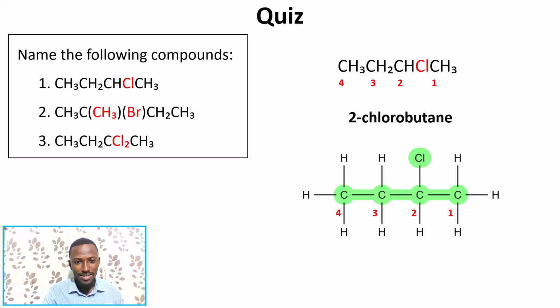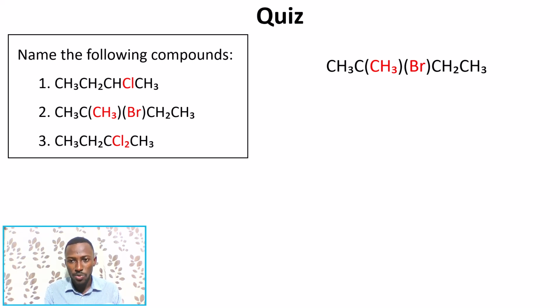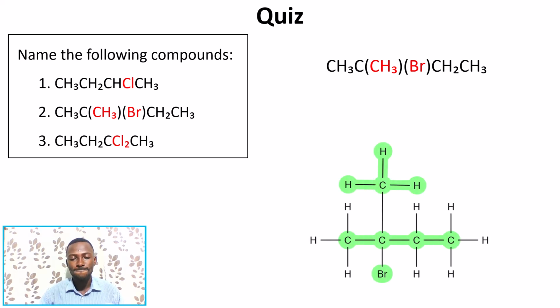That clear for us? Question number 2. Good. So CH3C, bracket opens CH3, another bracket opens Br, then CH2, CH3. This is a structural formula. How would we draw the displayed formula? That's what you have on the screen.